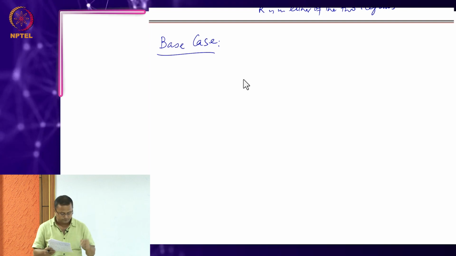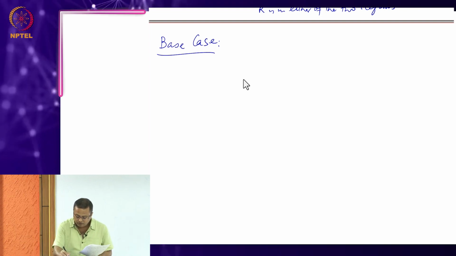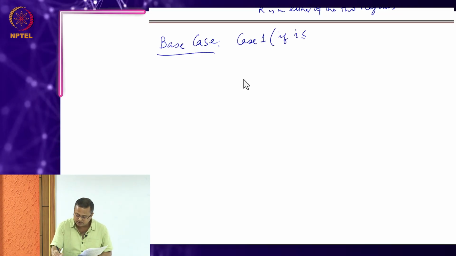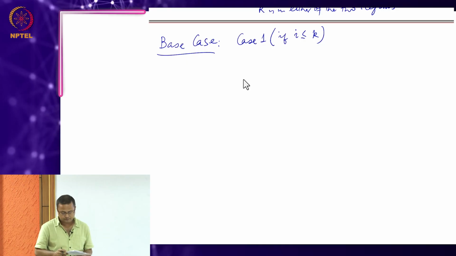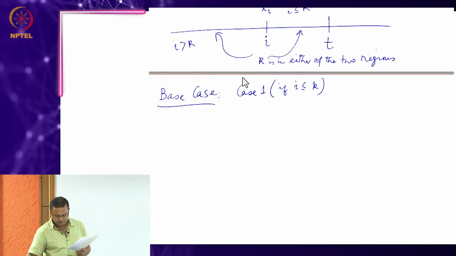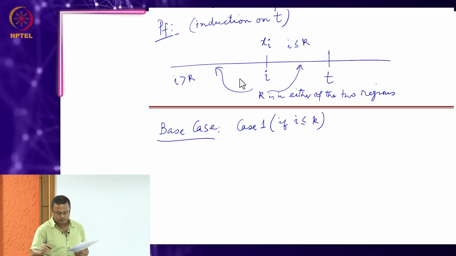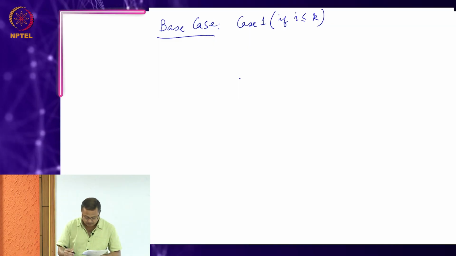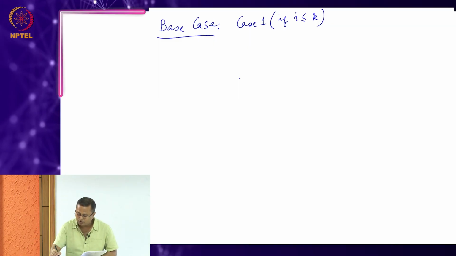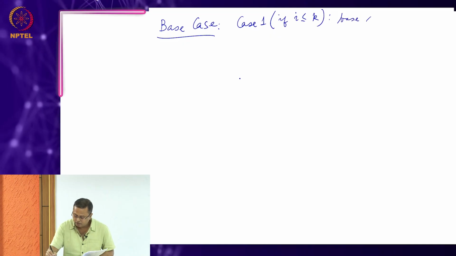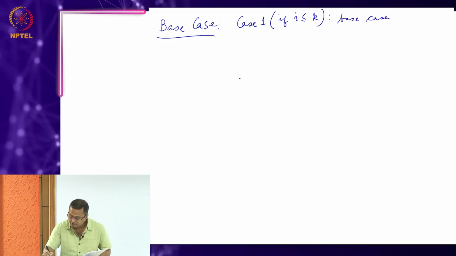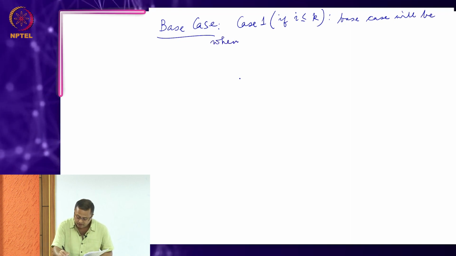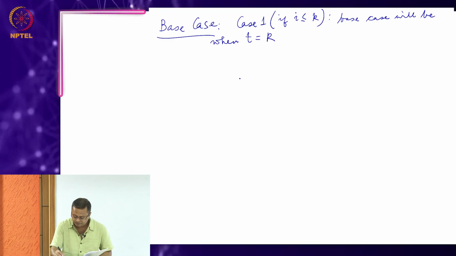Now, I look into the base case. Mind you, the induction is on t. So, case 1 is if i is less than k. So, I am in this zone. Okay. So, convince yourself that in this zone the base case will be when t is equal to k.